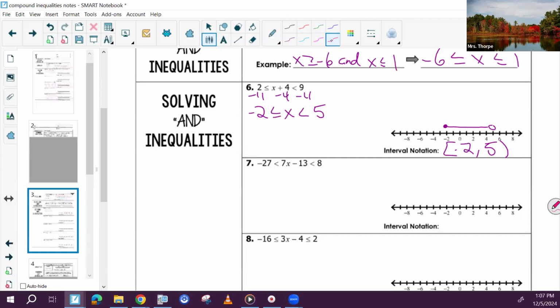If you would like, you could separate it by covering up one piece of it. Just looking at the first part, 2 is less than or equal to x plus 4. Solving just that piece by subtracting still.